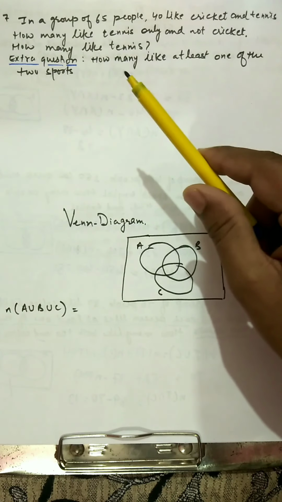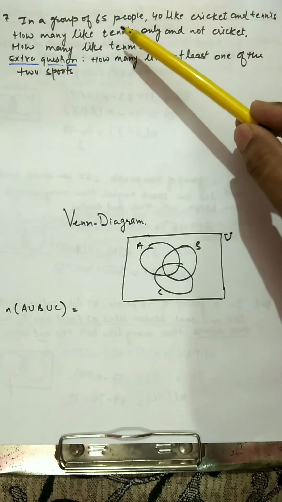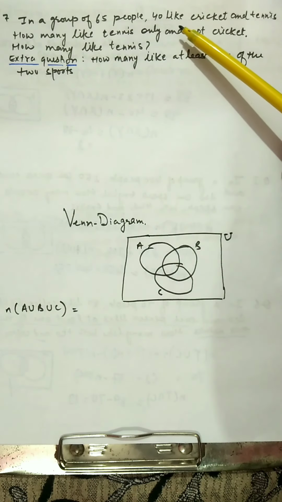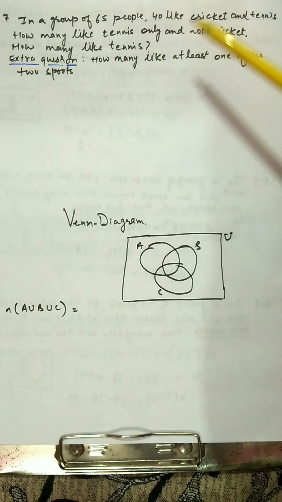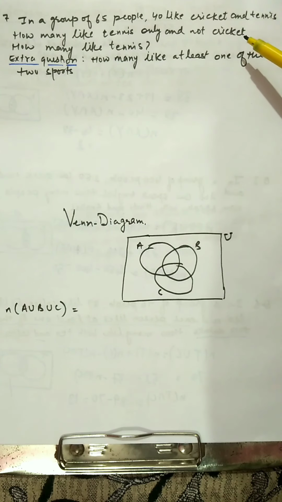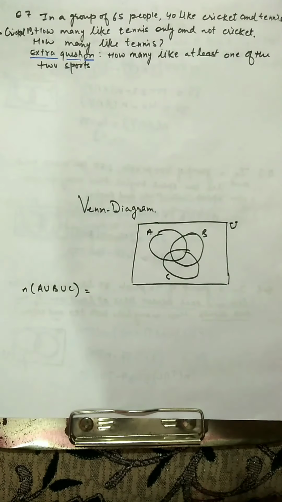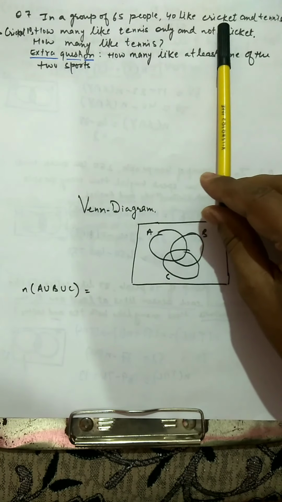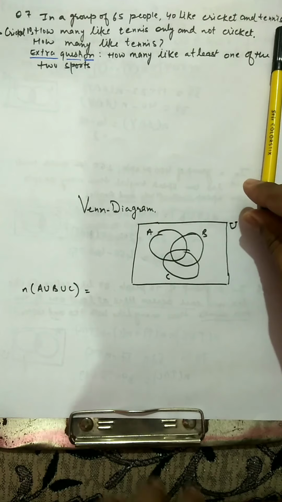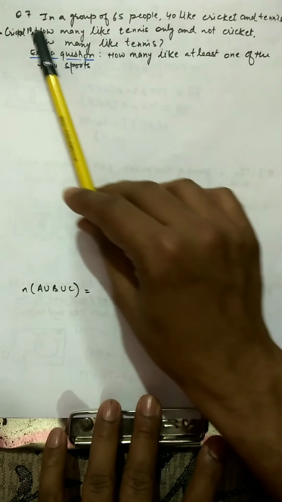Now come to question number 7. In a group of 65 people, 40 like cricket and 10 people like both tennis and cricket. How many like tennis only and not cricket?